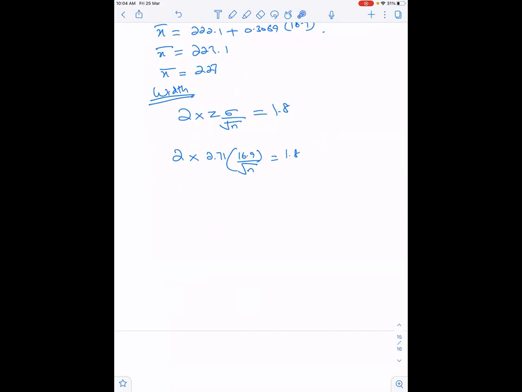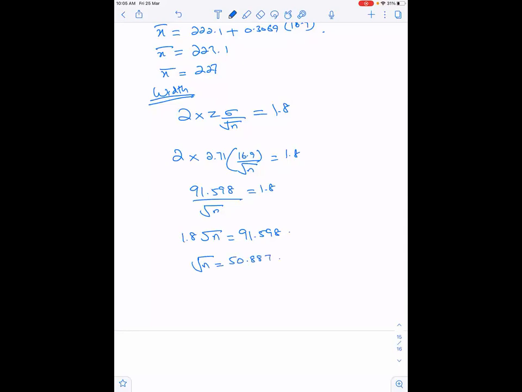I'm getting 45.79 and multiplying it by 2, this whole thing I'm getting 91.598 upon under root n equals 1.8. So 1.8 under root n equals 91.598. Divided by 1.8, under root n equals 50.887.